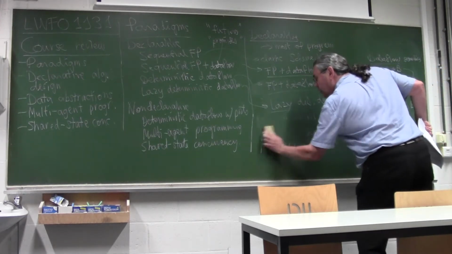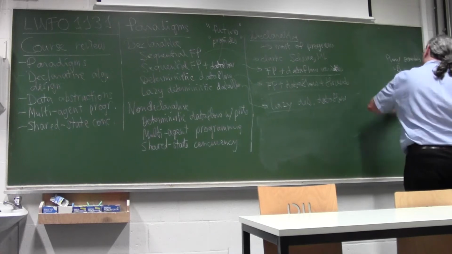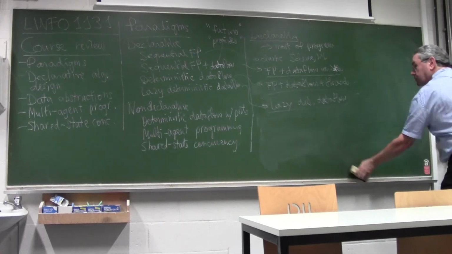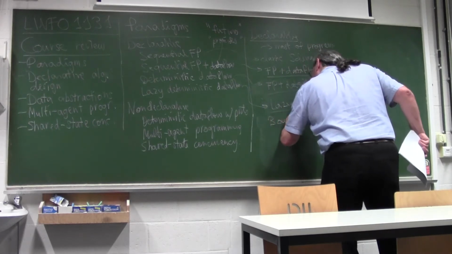So that's one thing I want to explain. Now let me explain another thing you can do with laziness. There are many things, of course, you can do with laziness. Let me just explain one thing here, which is the bounded buffer.